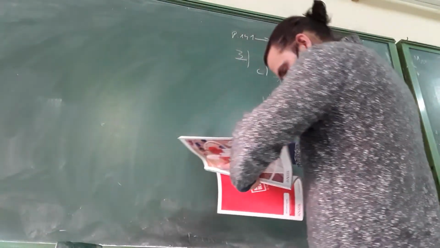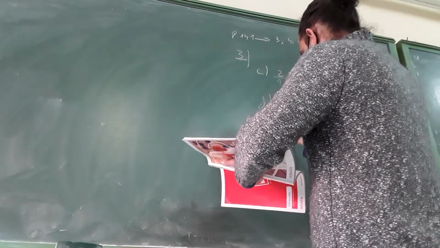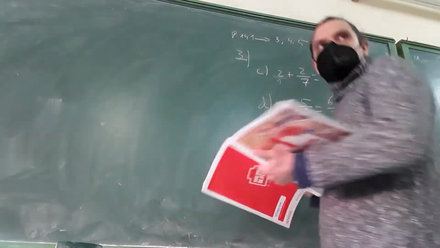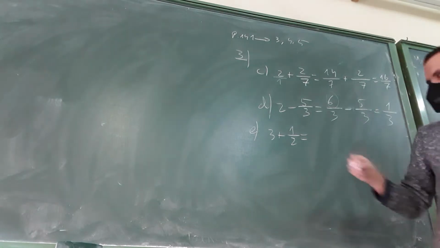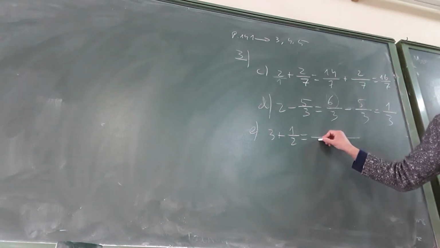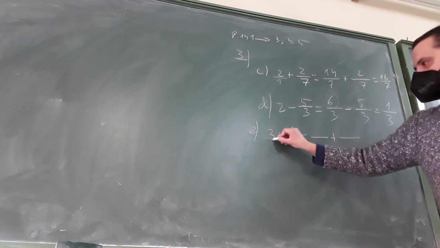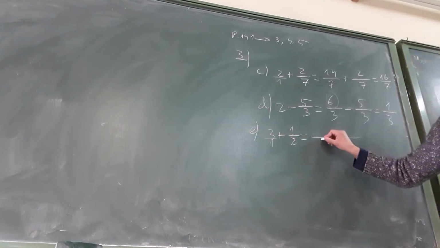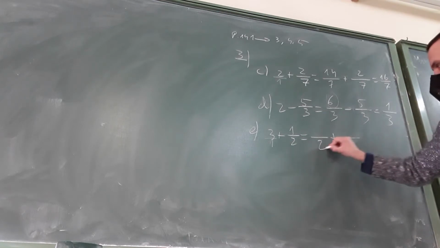Okay. E. 3 plus 1/2. Let's move to Fatima. Yes? What is the lowest common multiple? 1. Well, this is number 1. And then here in the denominator, we are going to write number 2. Number 2.